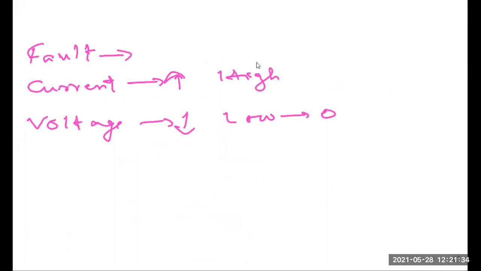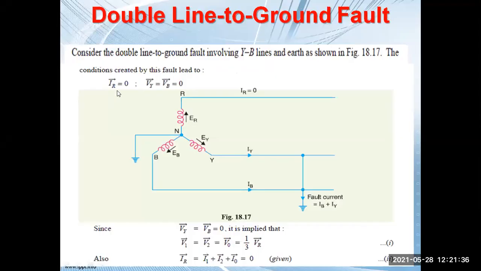So, double line to ground fault: IR equal to 0, VY equal to VB equal to 0. Now, if VY equal to VB equal to 0, we can understand from this that V1 equal to V2 equal to V0, that is equal to 1/3 VR. Do you agree with this?